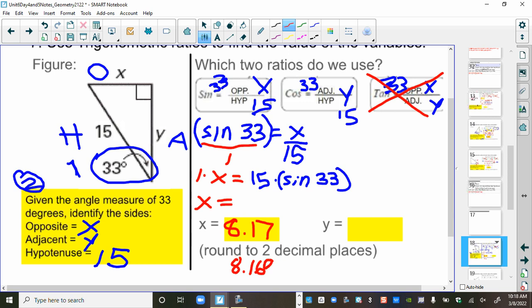And then again, remember, you don't even have to convert the sine of 33. I mean, if you did, it's not wrong, because the sine of 33, I think, was like 0.544 something. Again, you don't have to do that.